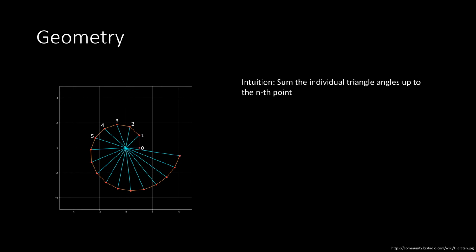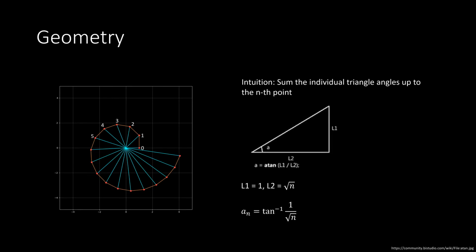The intuition here is very simple. We take the individual triangles, calculate their angle around the origin, and then sum them up for the nth point to get the entire angle around the origin. And here I have a little triangle for you. So we are looking for the angle A, and we know the two lengths L1 and L2, and A just equals the arctan, which is the inverse tangent, of L1 divided by L2.